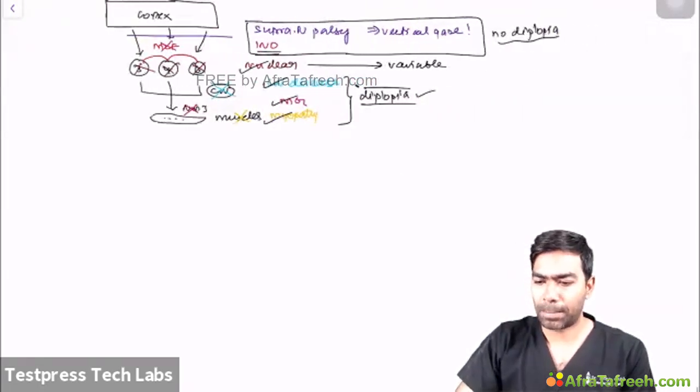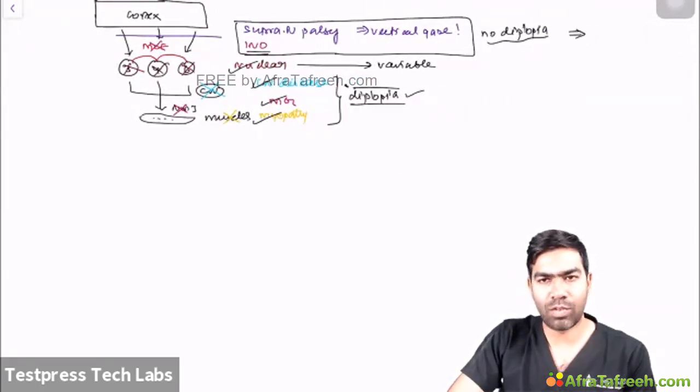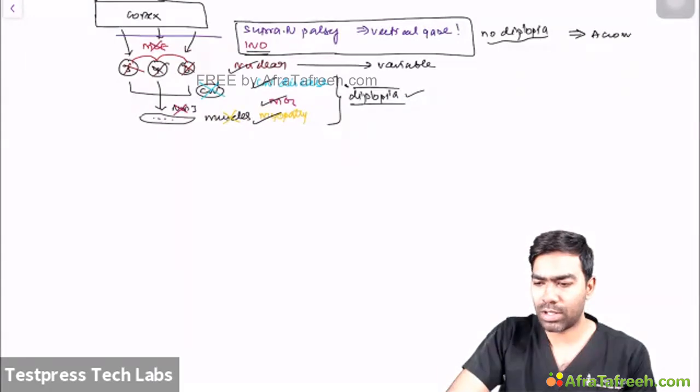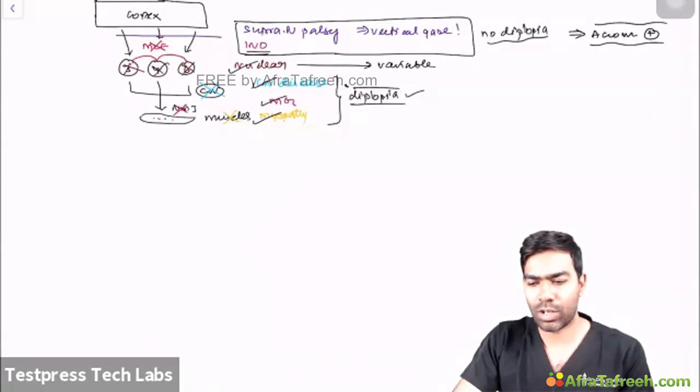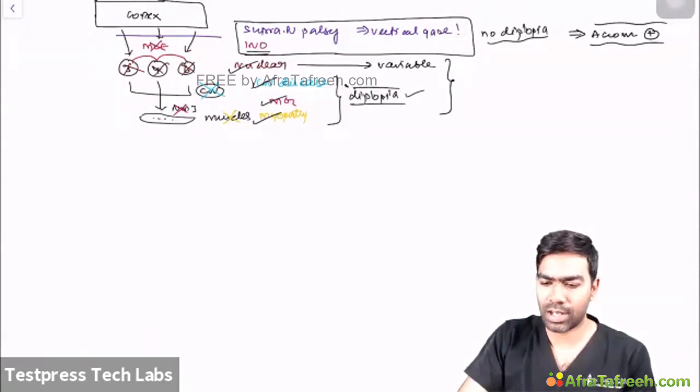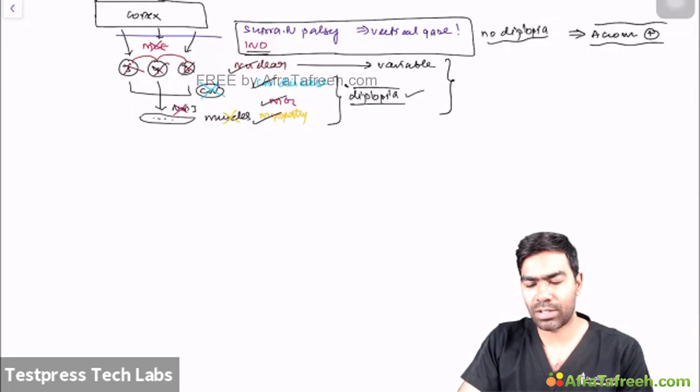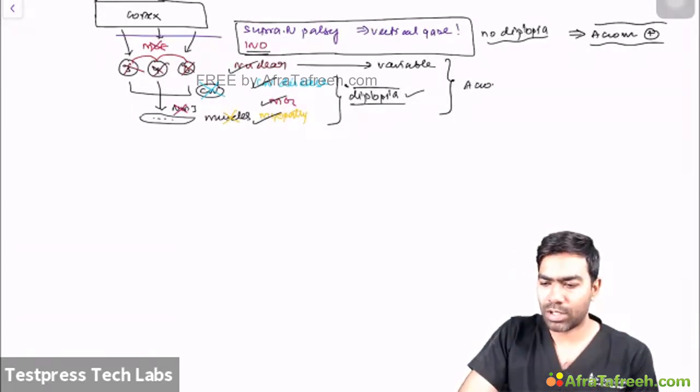But remember, if you have a supranuclear involvement or an INO, accommodation will be intact, will be spared, because it follows a separate pathway. If you have a nuclear, cranial nerve, myasthenia gravis, or myopathy, accommodation also will be defective.